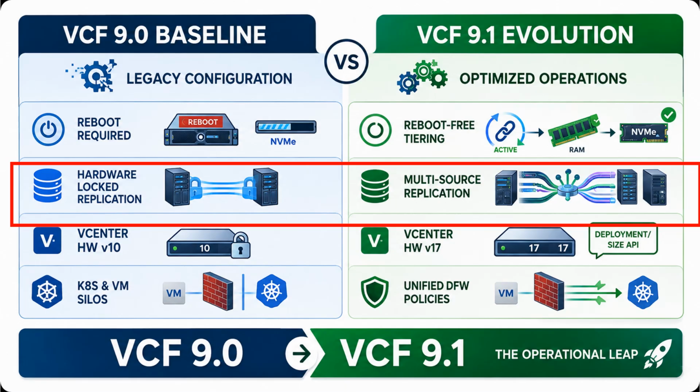So VMs from different storage sources can be protected to a vSAN target, including vSAN, VMFS, and NFS sources. It also supports a fan-in model where multiple source clusters can replicate toward a central recovery site. I'm going to explain this with a production example.